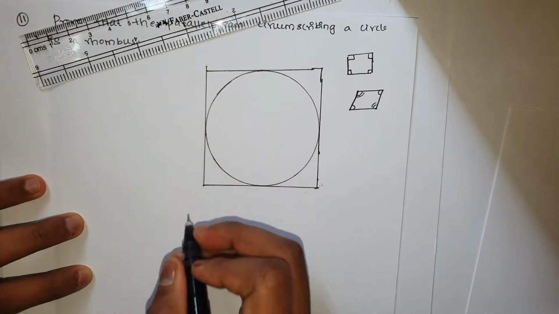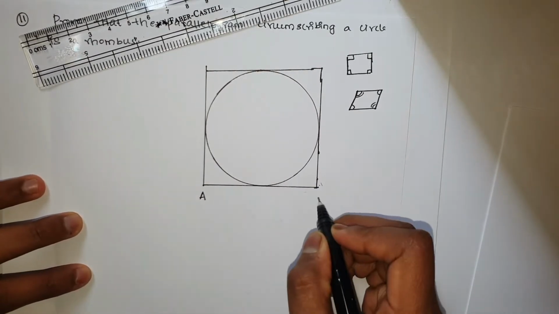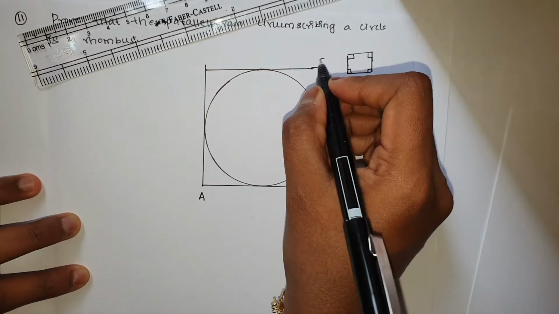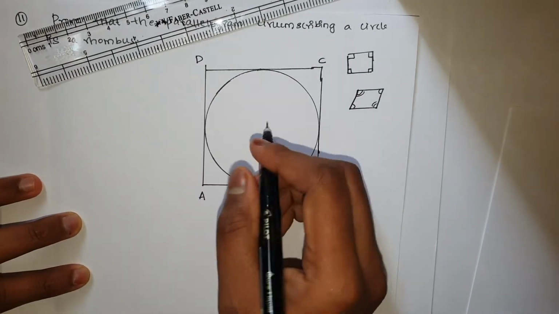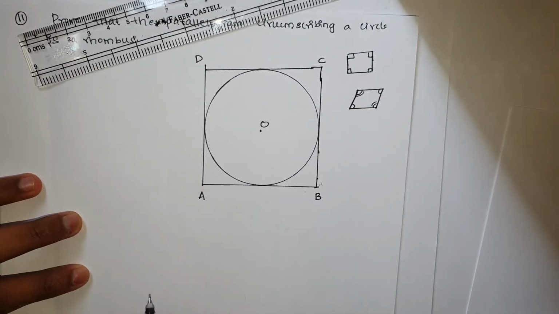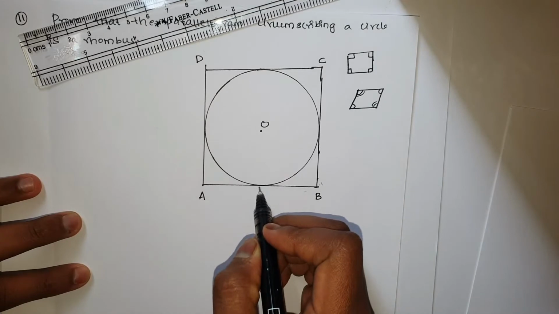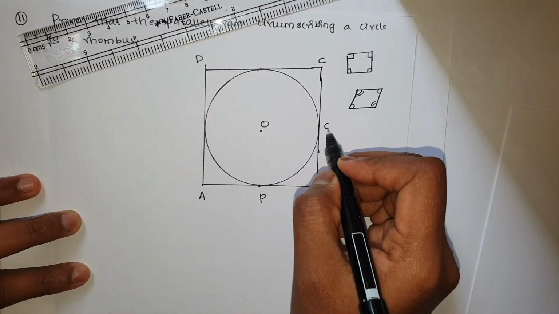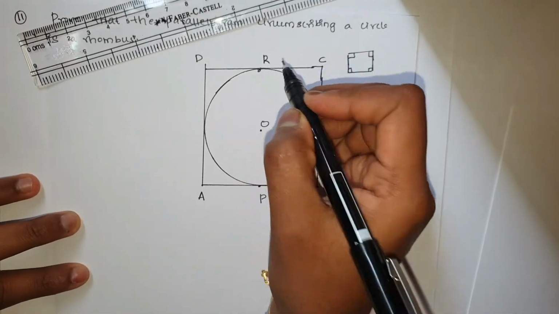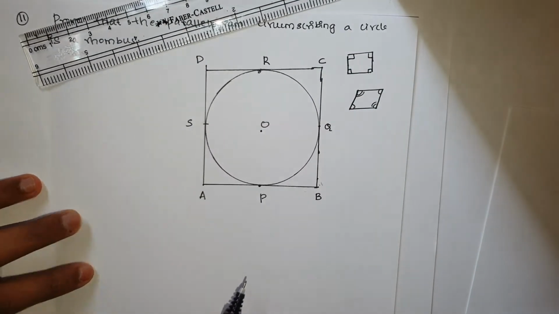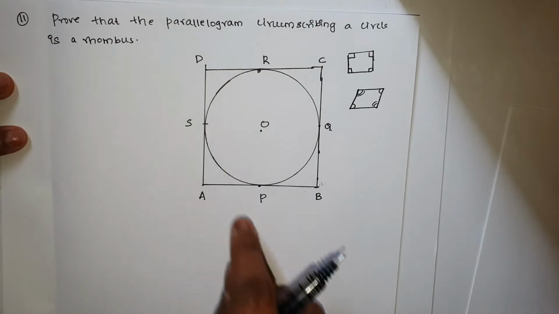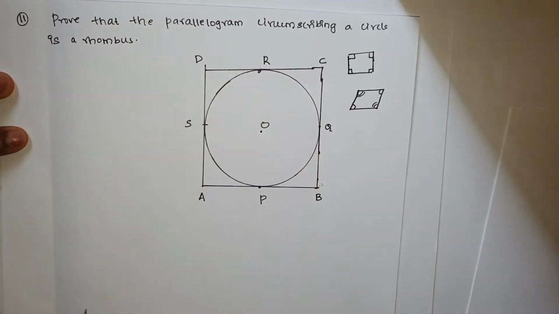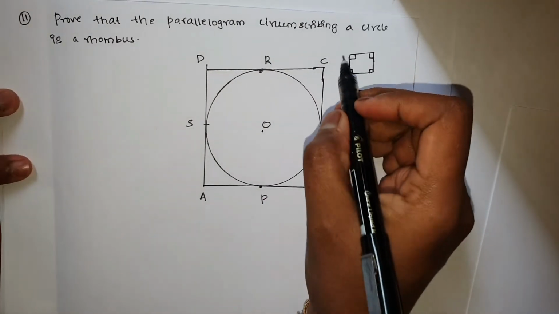This is my parallelogram and I am naming it as A, B, C, D. And let the center of the circle be O. And let this point be P, let this point be Q, this be R and this be S. So we have to prove A, B, C, D is a rhombus.